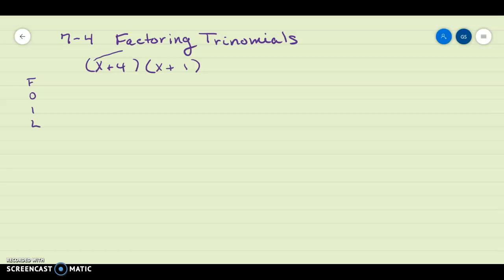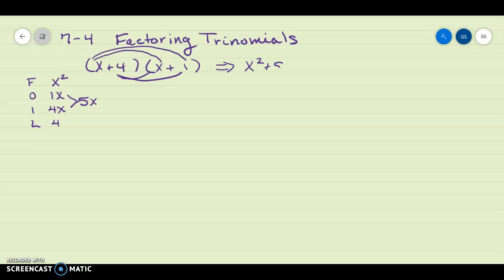So we're doing x times x, which is x squared, x times 1, which is 1x, 4 times x, which is 4x, and 4 times 1, which is 4. We're going to combine like terms. This is going to be 5x. And now we have something that looks like this: x squared plus 5x plus 4. Okay?